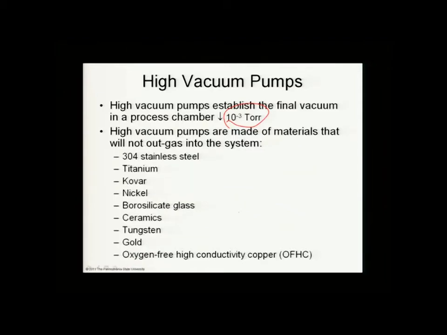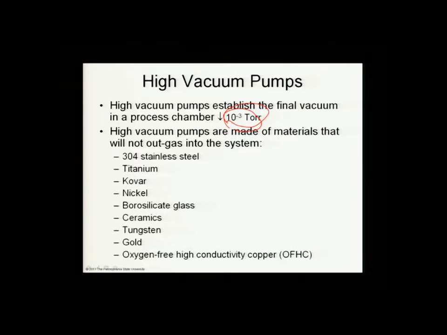So high vacuum pumps are used when you want to pull that pressure down below 10 to the minus 3 torr. And they're made of materials that will not outgas. Obviously, you don't want gases coming out of the pump, because at low pressures, they can make their way back into the processing chamber. Because as we know, fewer collisions, longer mean free path, the molecules can make it back to the processing chamber.